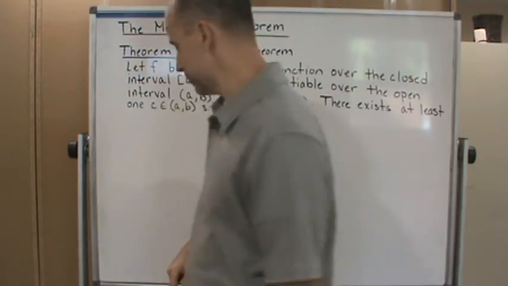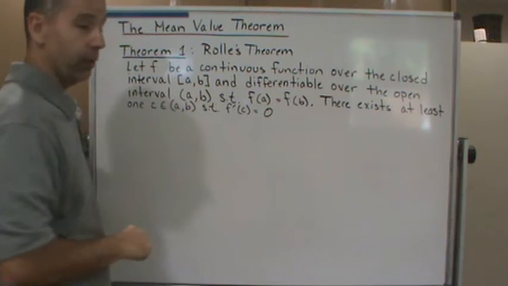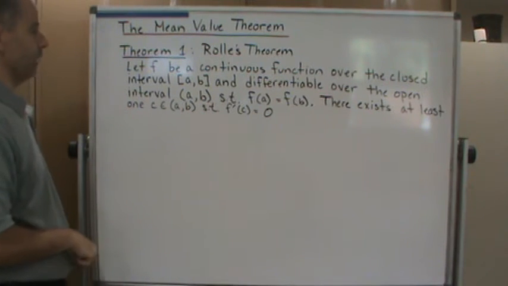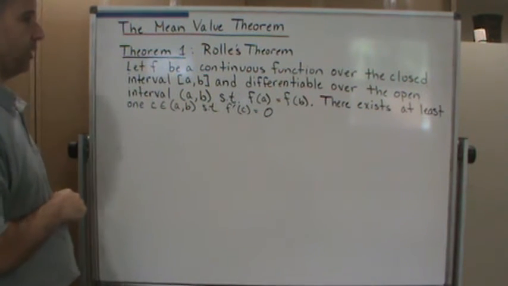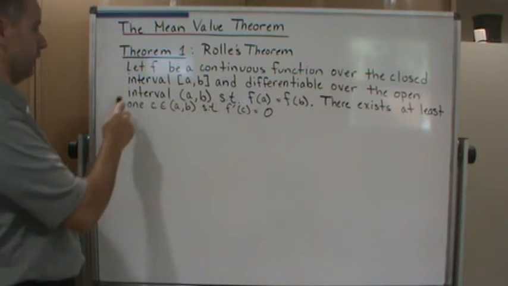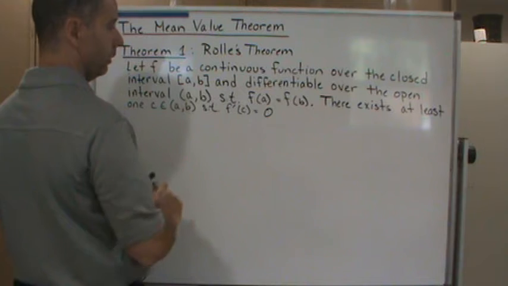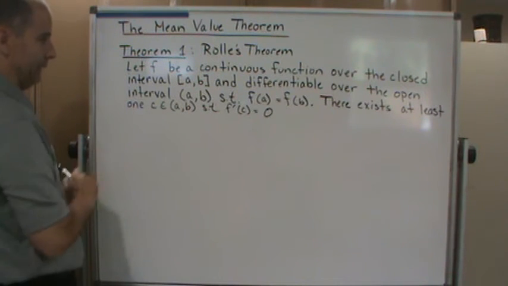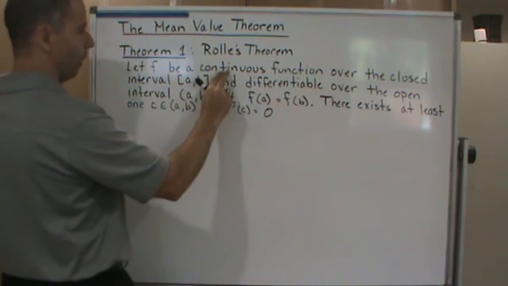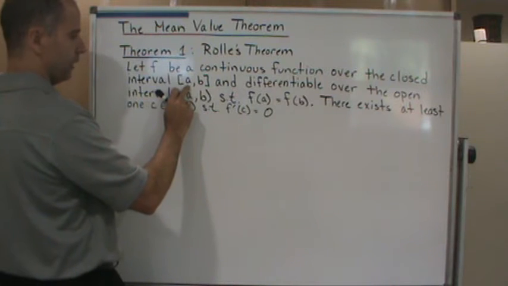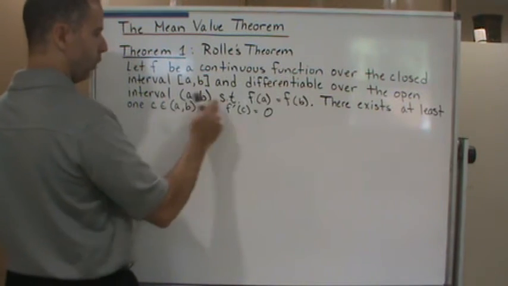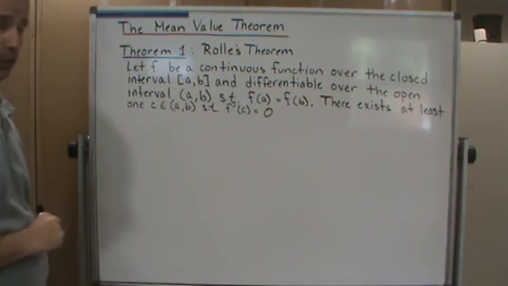So what does Rolle's theorem say? Here's the formal theorem. It says, let f be a continuous function over the closed interval [a, b], and differentiable over the open interval (a, b). Now, why continuous over the closed and differentiable over the open interval?